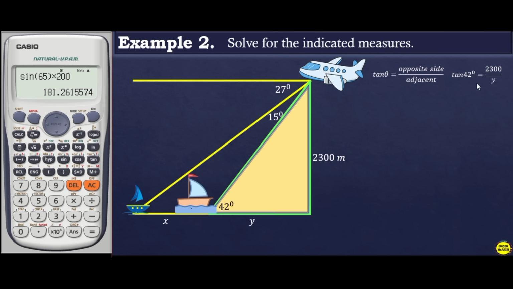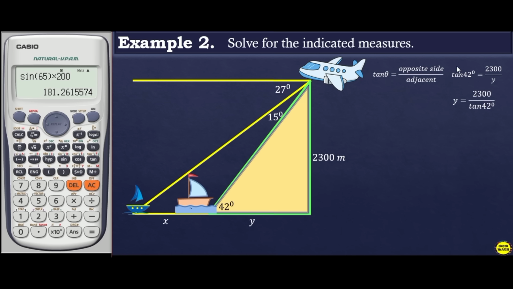Tangent 42 degrees is equal to your opposite side, substitute lang natin, 2,300 over your adjacent, y. Okay, cross-multiply natin. So, we have y is equal to 2,300 over tangent 42 degrees. Nabanggit ko na, ang shortcut kapag nag-cross multiply, kung ano yung kapartner nung unknown mo, ilagay mo na kagad siya sa denominator.